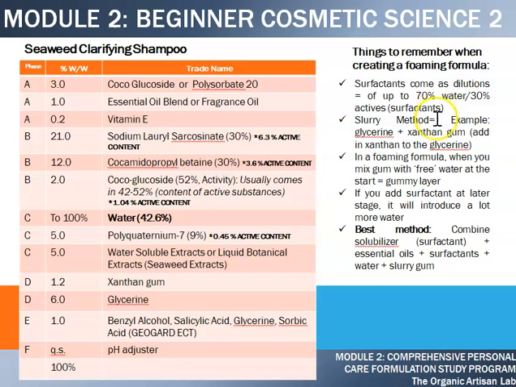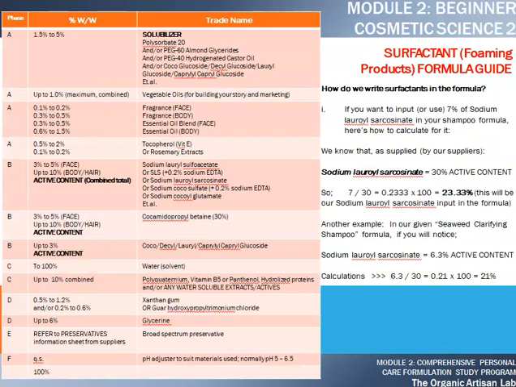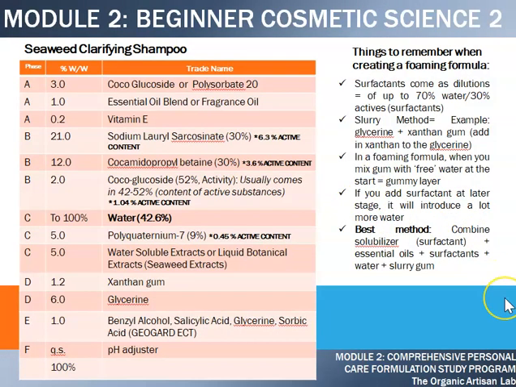Then whenever we have xanthan gum as part of our thickener and extra additives in the formula, we need to do the slurry method. Remember the one that I showed you in one of the videos, where we did a slurry method on xanthan gum with the glycerine.